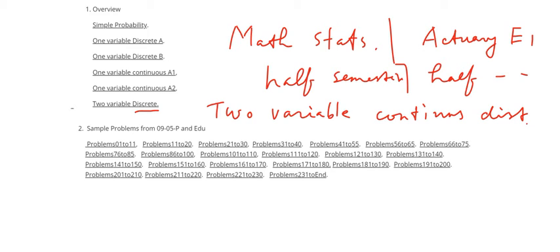So half semester for math stats, half semester for the actual exam. If you do not have interest in the actual exam, you are done, because you already have this grade.